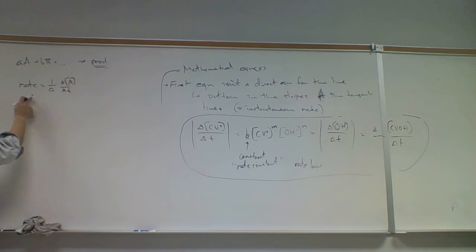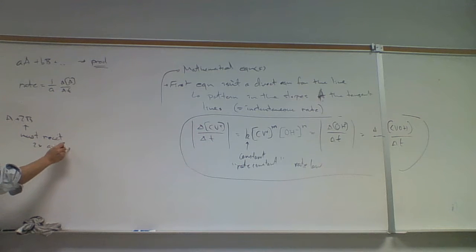It depends on the coefficient here, so this is a normalized rate. Let's say if it were 1A plus 2B, then 2B has to react twice as fast as A, otherwise the stoichiometry doesn't hold. So we normalize it. 2B must react 2 times as fast as A.